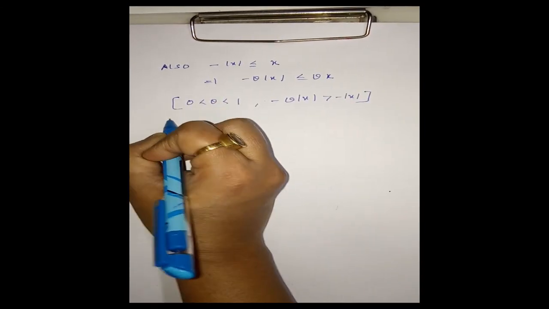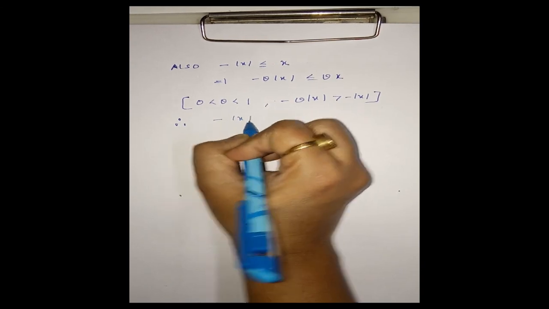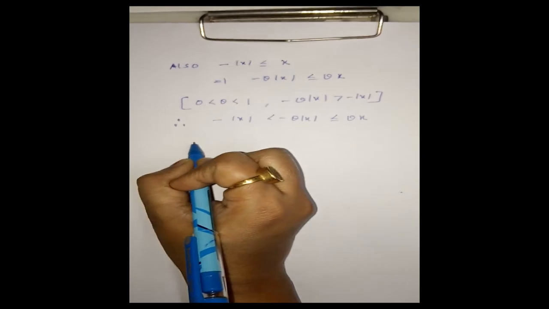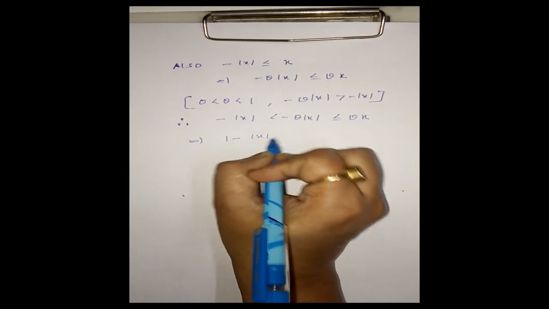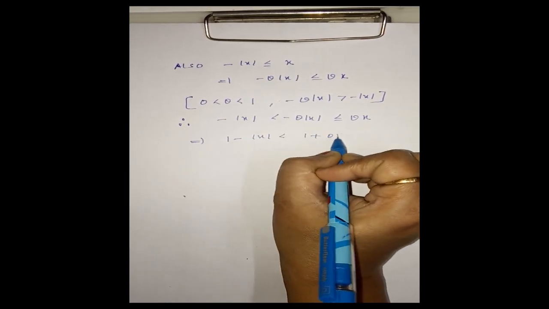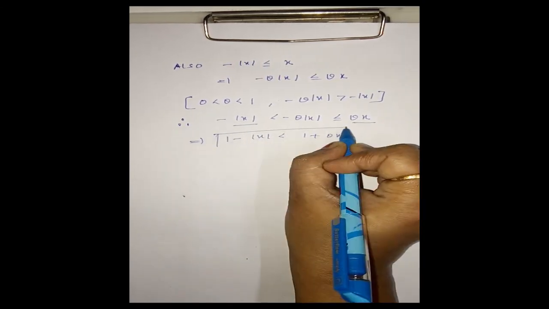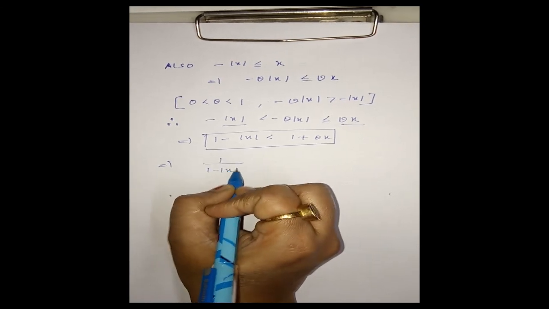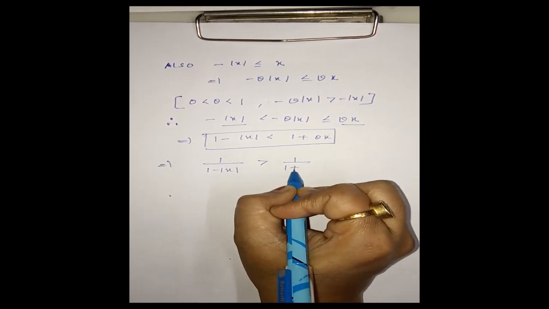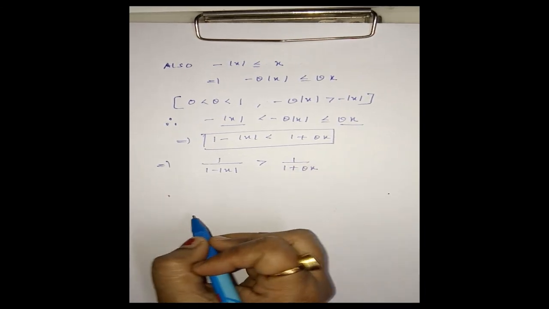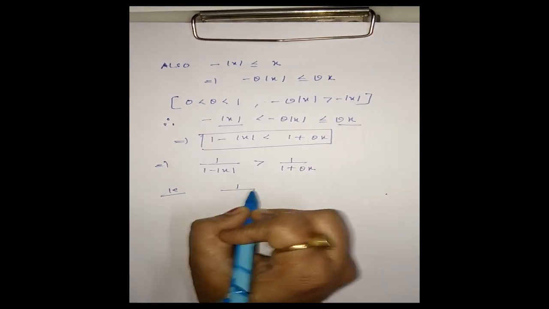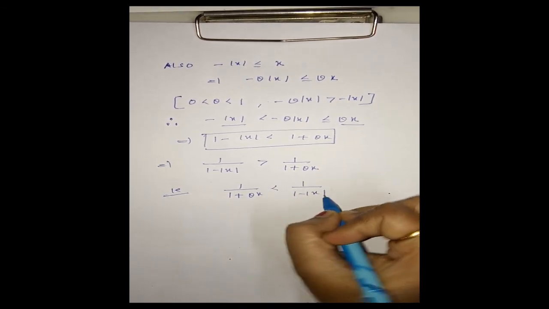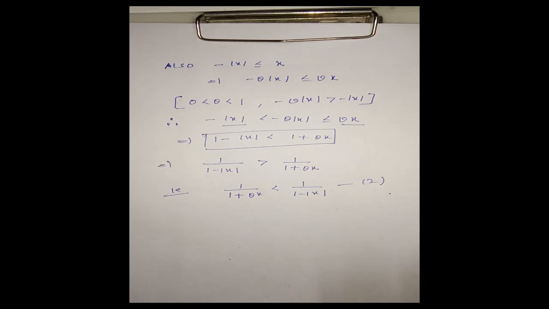Therefore, minus mod x is less than minus theta mod x is less than or equal to theta x. This implies 1 minus mod x is less than 1 plus theta x, from this adding 1. Now this implies 1 upon 1 minus mod x is greater than 1 upon 1 plus theta x. That is 1 by 1 plus theta x is less than 1 by 1 minus mod x. Mark this as equation number 2.